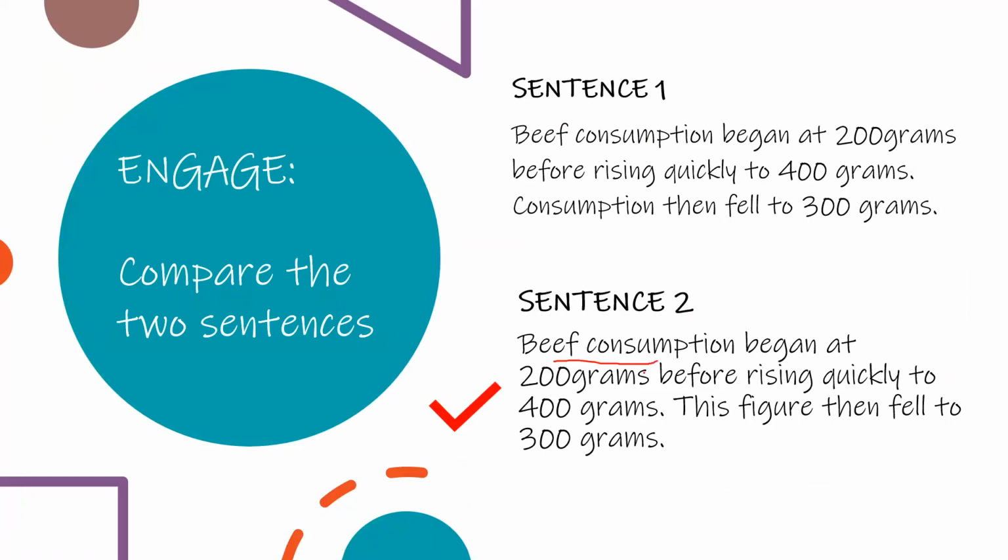For example, beef consumption began at 200 grams, and this figure refers to 400 grams. So that's referencing. There's also referencing in writing task two, but for task one, that's the main thing.